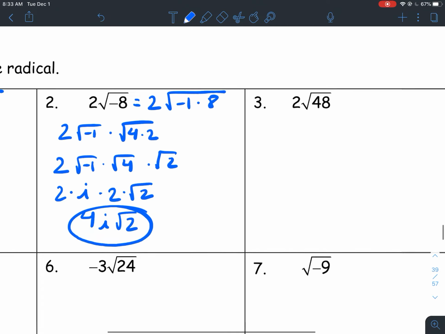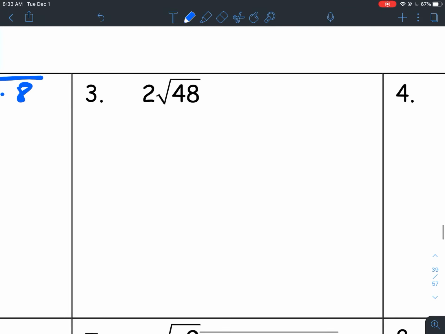All right. So this part here with breaking down the 8 should be pretty familiar. That's really just breaking down the radical. Now we're just throwing an i in there. Same thing with this 48. This doesn't even have a negative in there. We're going to want to look at our perfect square sheet, figure out what goes into root 48.